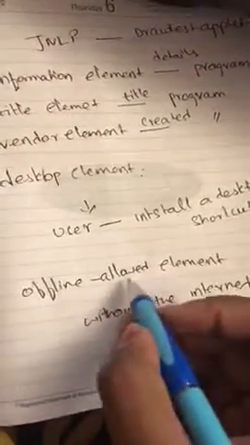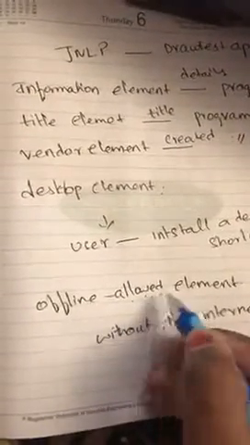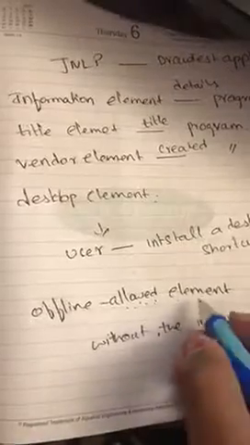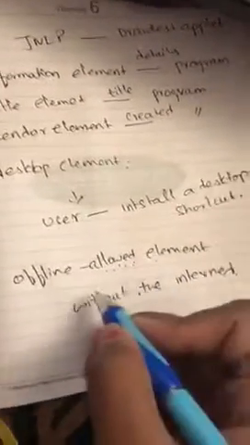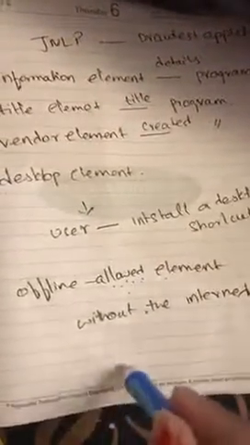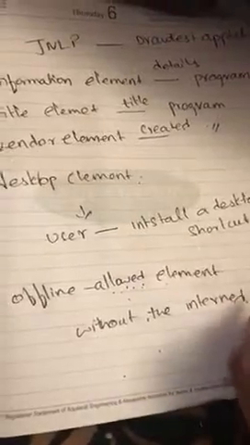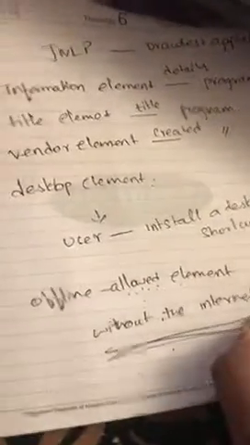So if the user installs it and there are any updates or changes in any element of the applet, it is automatically changed even if it is not connected to the internet. So this is the main point to observe.